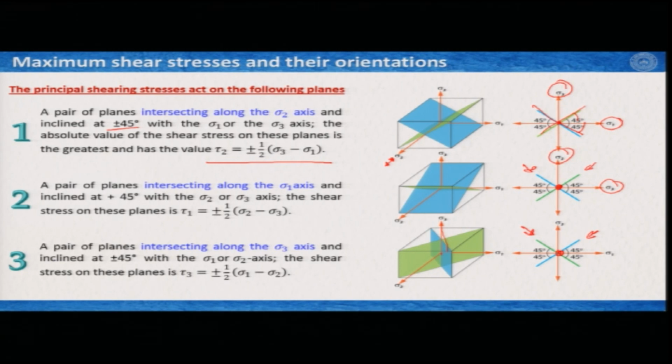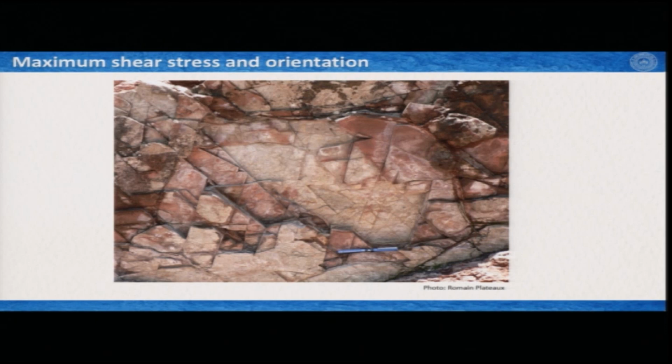Now, this discussion may sound a little abstract: why would you have these two planes intersecting along a particular principal stress and its orientation, and why does it have to be 45 degrees? These are theoretically calculated, but do we see this in nature? The answer is yes. So, here I have a few examples for you.